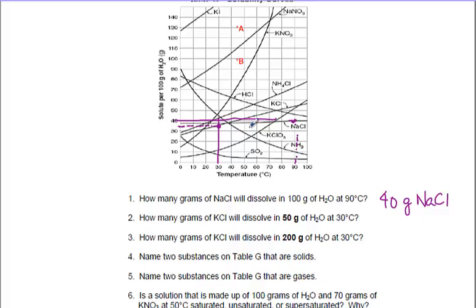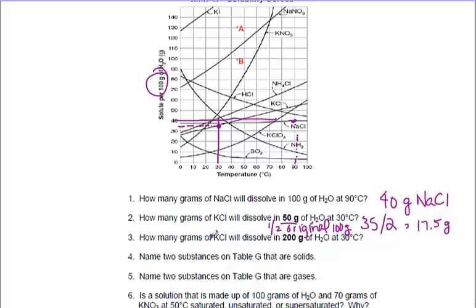So it's about 35 grams of solute per 100 grams, but we're only talking about 50 grams of water. So we have to base it on how much water we're using. We're using less water, so this is going to be divided by 2. It's 35 divided by 2, because it's half of the original 100 grams. So we get half, and that would be about 17.5 grams of KCl.